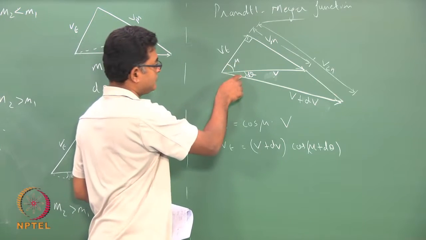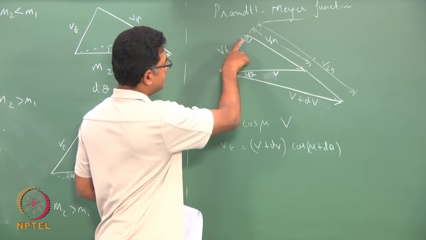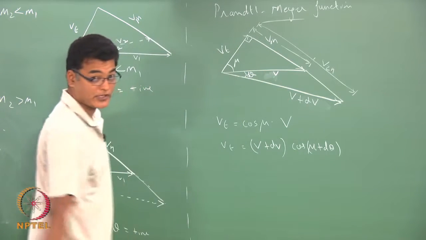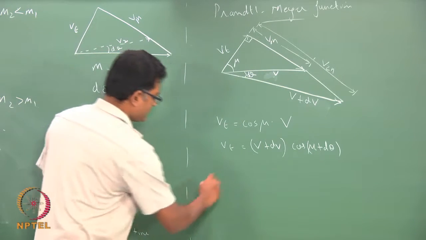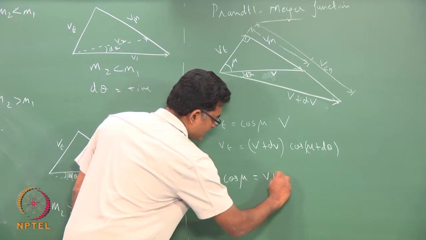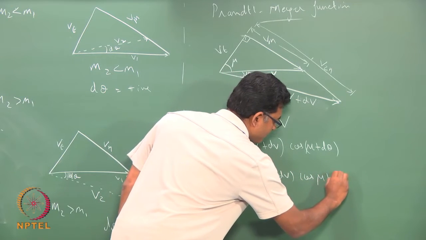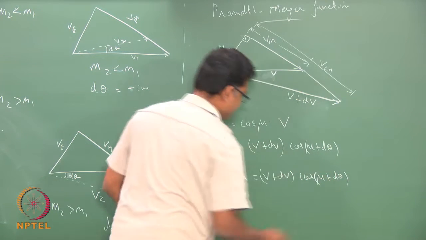So, cos of mu plus d theta is multiplied by this, and this is your Vt. These are the same quantity. So, V cos mu is V plus dV cos of mu plus d theta.